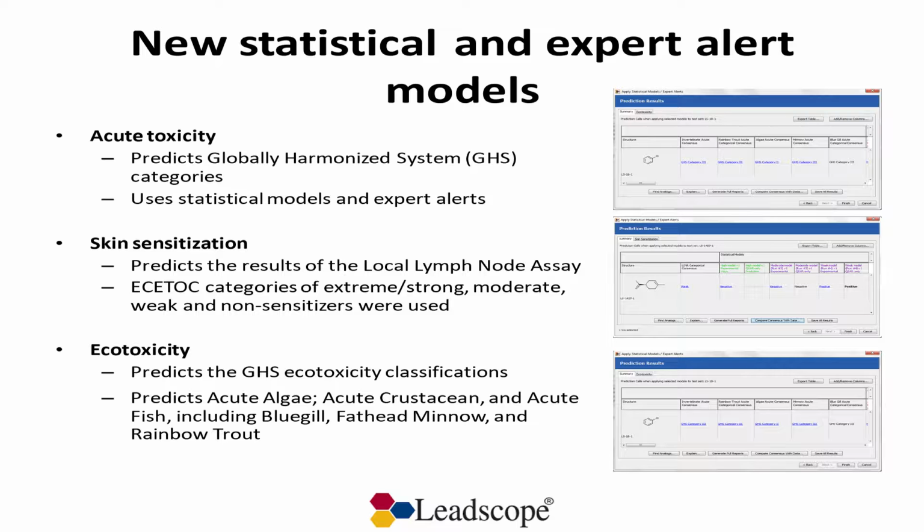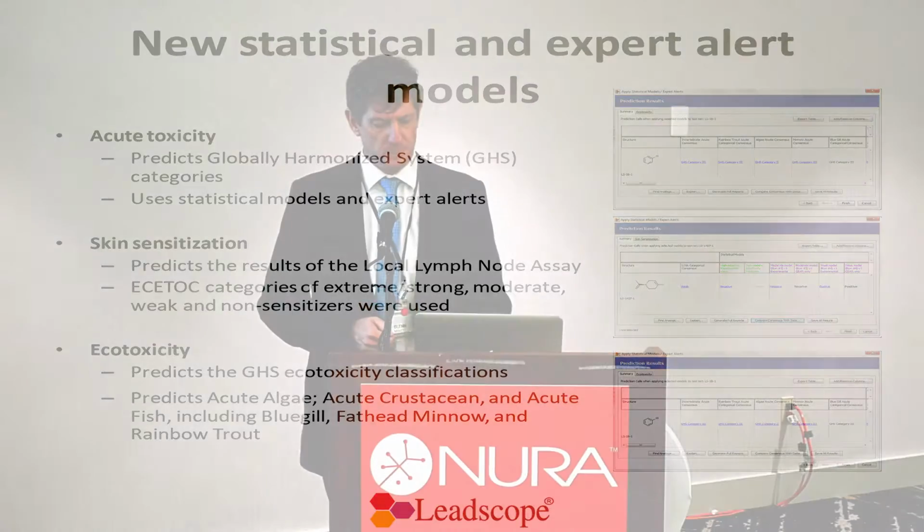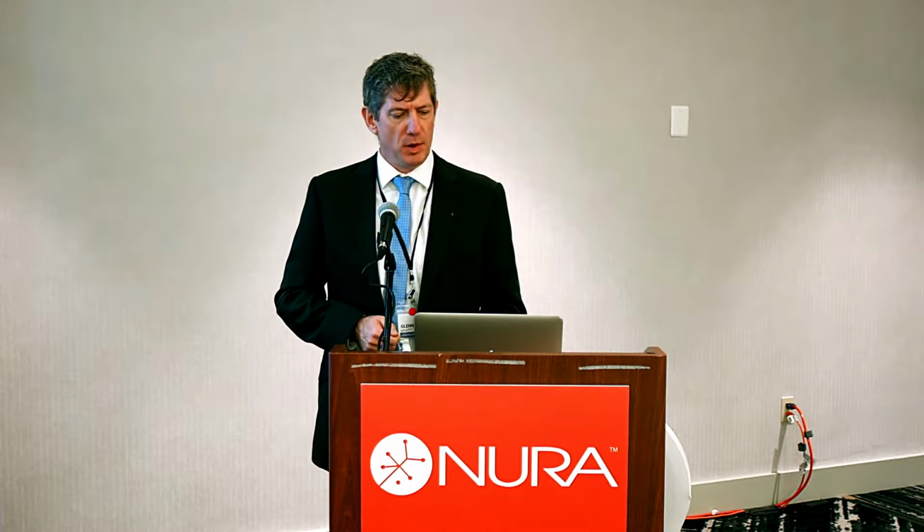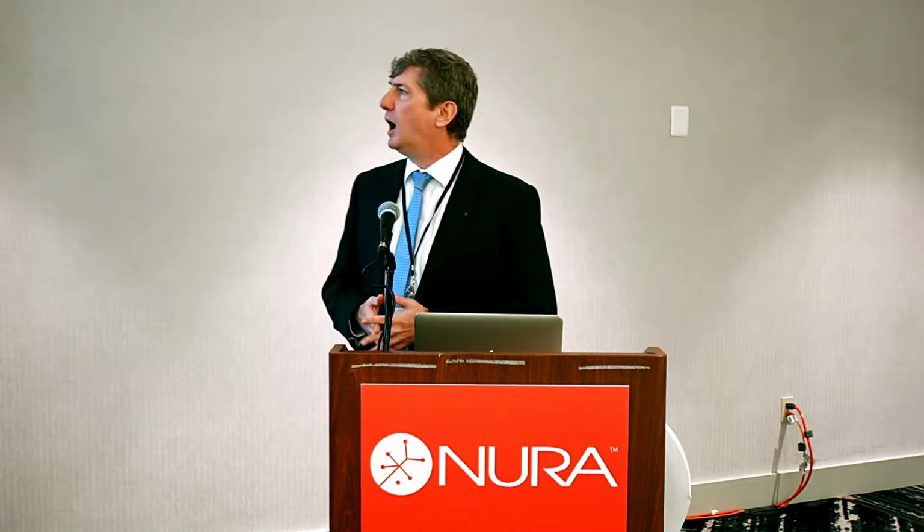We do have skin sensitization models. Again, these are classification models that predict the GHS categories, as well as ecotox models, and again, those predict GHS ecotoxicity classifications. So there are some of the more recent models that have been developed.